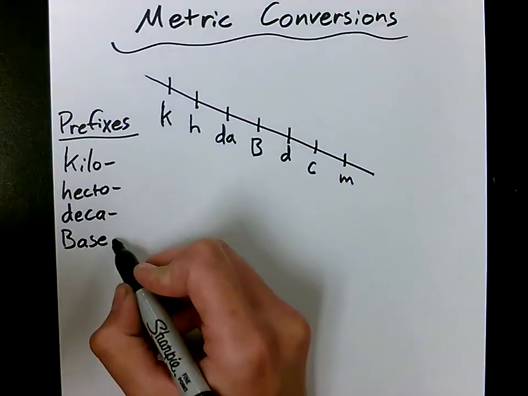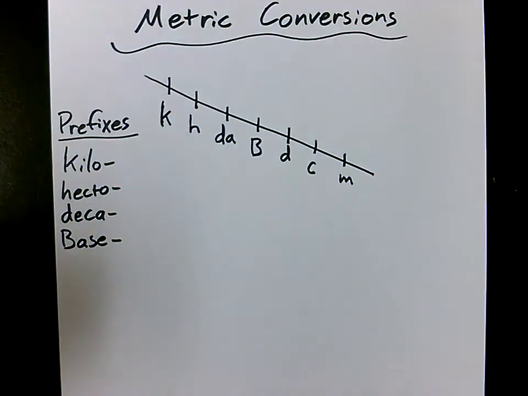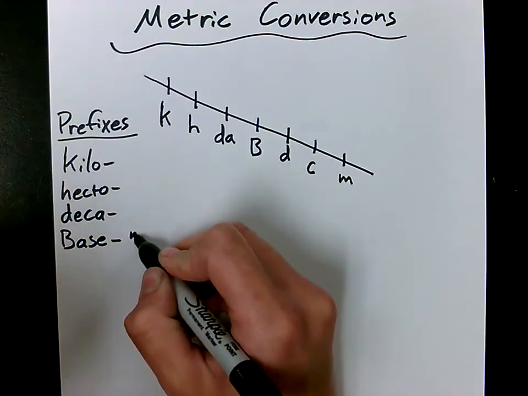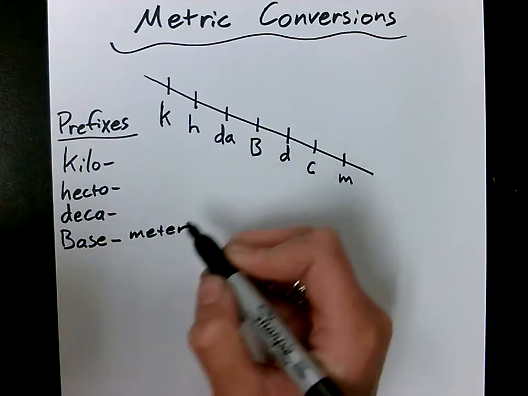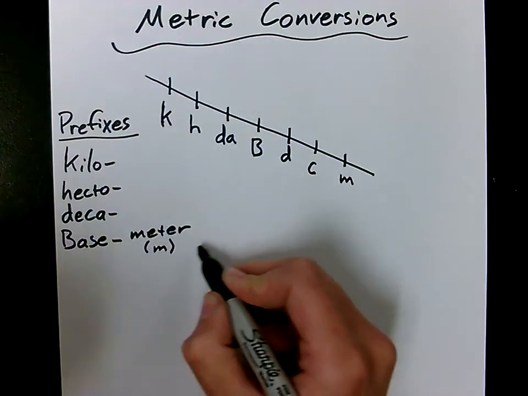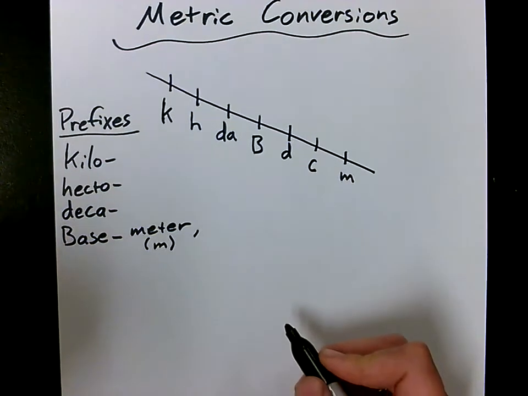Let's pause real quick to talk about what our base units might be. If we're talking about length, our base unit is going to be meter. And below that, I'm going to put a little lowercase m because that's what we use to abbreviate meter.